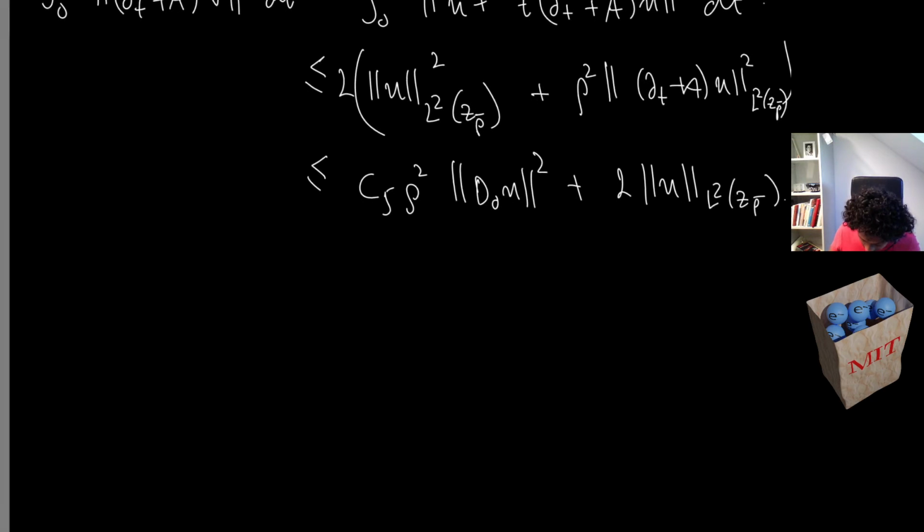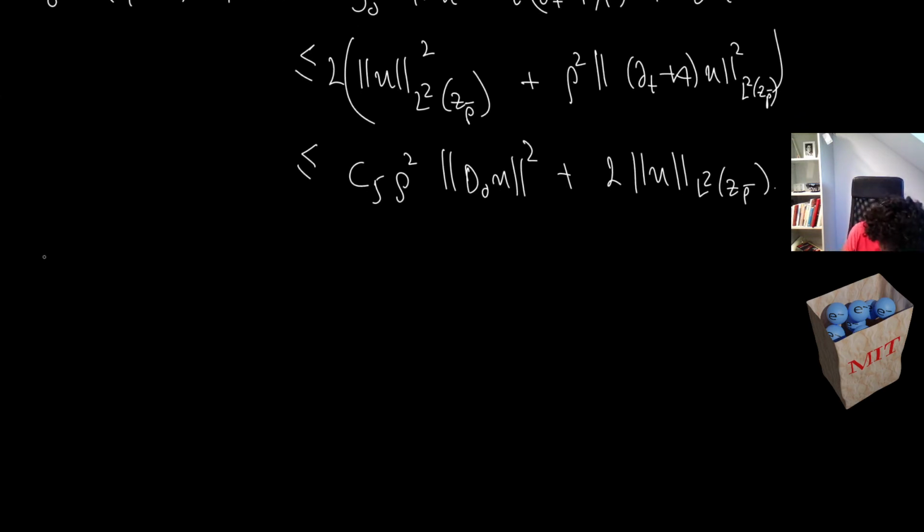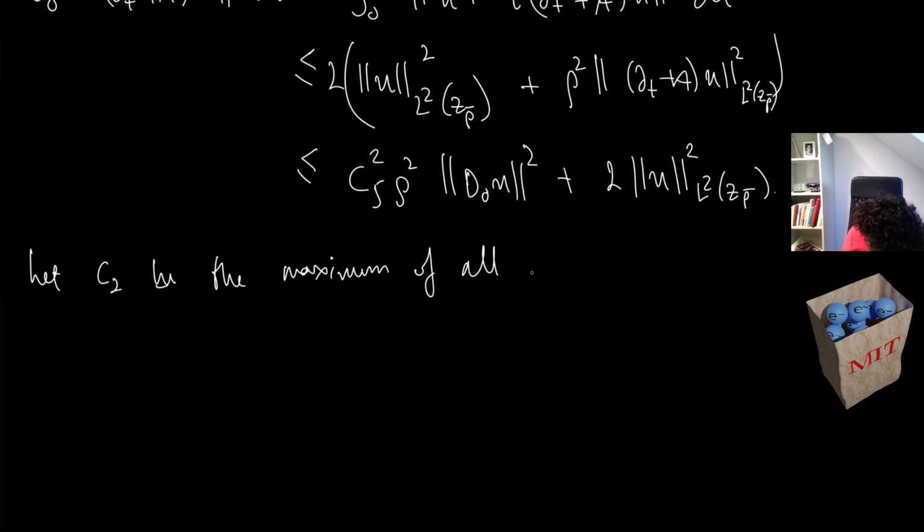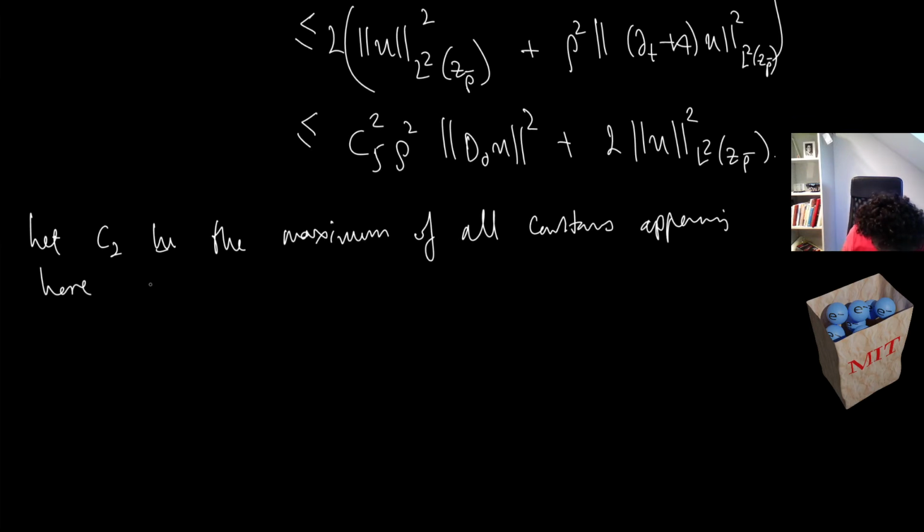Okay, so now let C2 be the maximum of all, and I'll make this actually C5 squared, constants appearing here. And so what do we get?